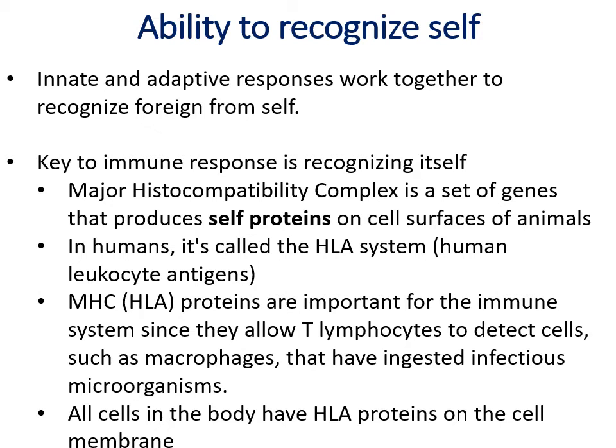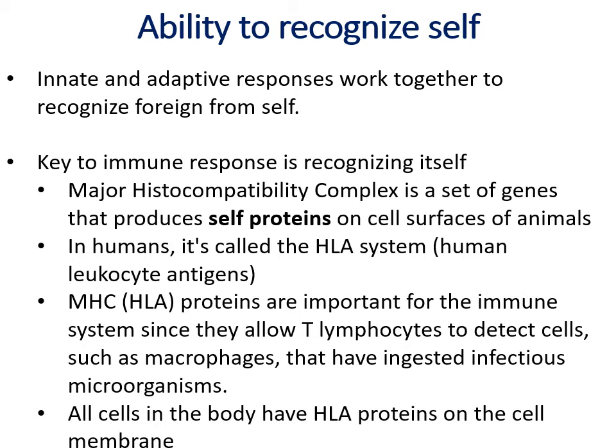So the key to the immune system's response in recognizing itself is what we call the major histocompatibility complex. And this is just a set of genes that produces proteins that land on all of the cell's surfaces. Okay, so in humans, it's called the HLA system.